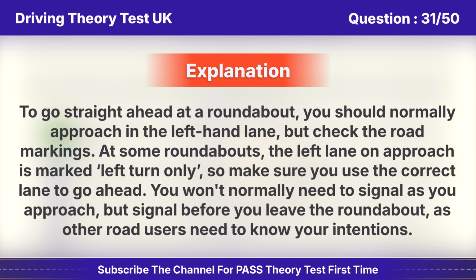To go straight ahead at a roundabout, you should normally approach in the left-hand lane, but check the road markings. At some roundabouts, the left lane on approach is marked left turn only, so make sure you use the correct lane to go ahead. You won't normally need to signal as you approach, but signal before you leave the roundabout, as other road users need to know your intentions.